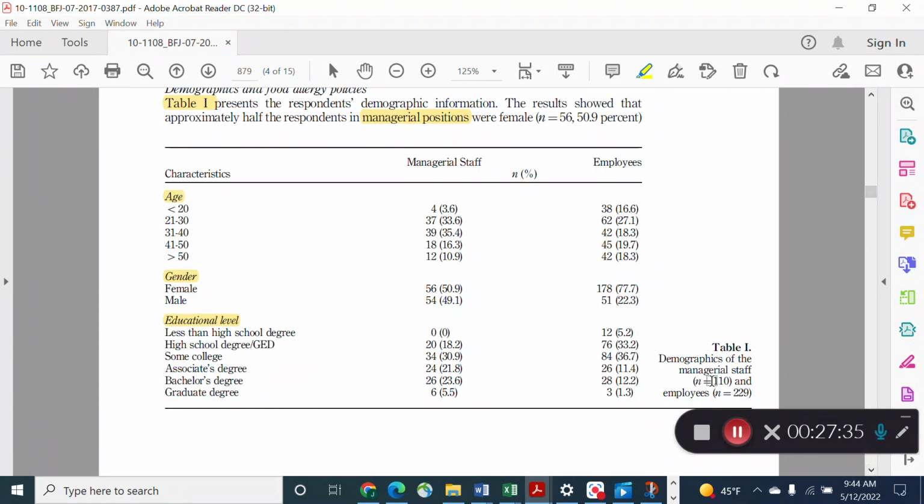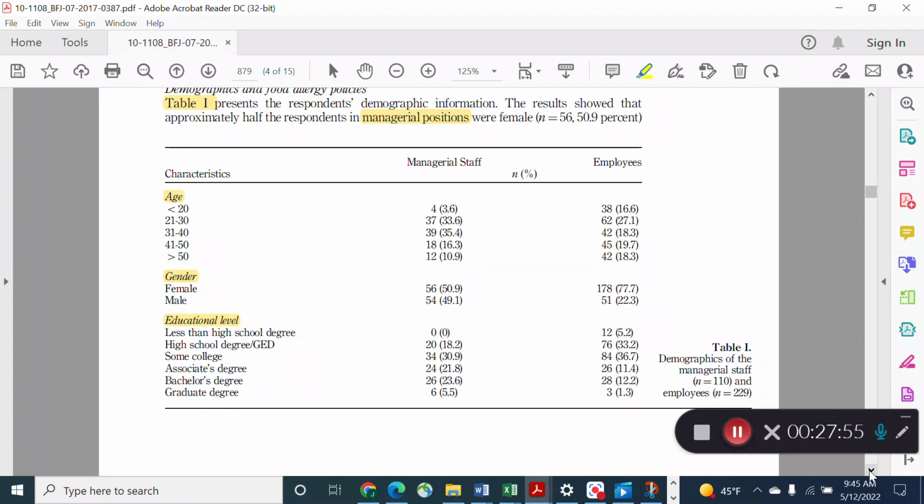So 110 managers, 229 employees. So probably the percentages are a little bit more informative here because the actual numbers are a little misleading because of the higher number of people in the employee area.